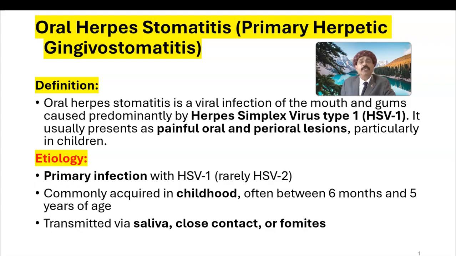Dewan Asraja. Today I will discuss oral herpes stomatitis, also called primary herpetic gingivostomatitis. Definition: oral herpes stomatitis is a viral infection of the mouth and gums caused predominantly by herpes simplex virus type 1, rarely herpes simplex virus type 2.